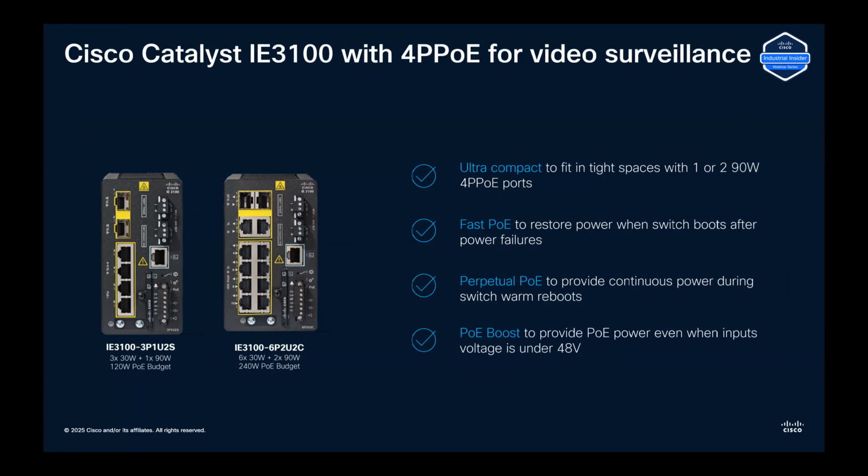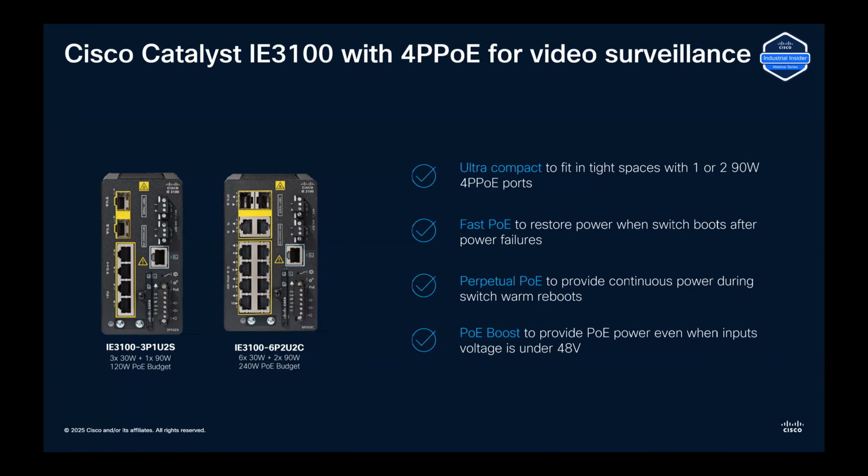The key thing about these switches is that they're extremely small. They're much smaller than even the small ones; they're actually made for space constrained areas. But they're still as powerful as some of our larger switches. And they're able to provide 90 watt of PoE, even if it's at a slightly smaller scale, but it's effective where it's needed. The biggest thing about this 3100 switch, which is not present in other switches, is something called PoE boost.